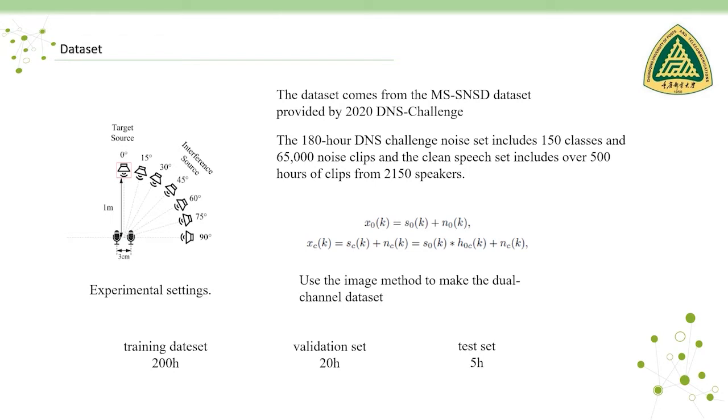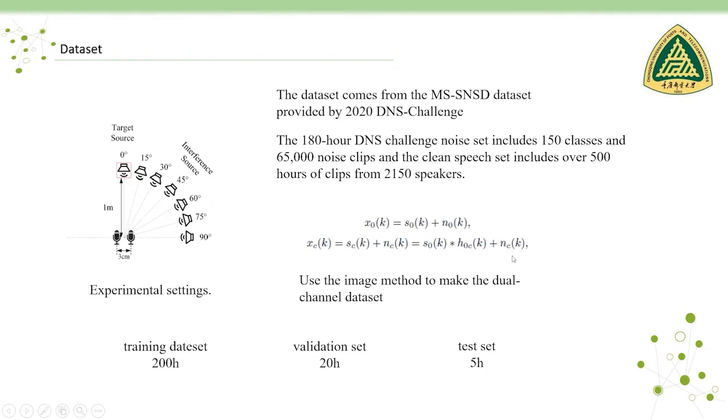We use the image method to make the dual-channel dataset. The target source is in the direction of 0 degrees, and the interference sources are randomly distributed between 0 degrees to 90 degrees.